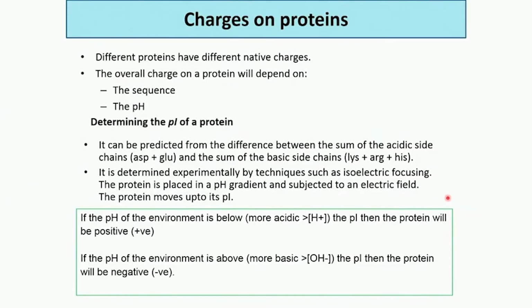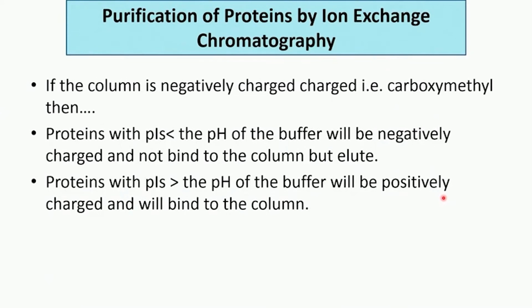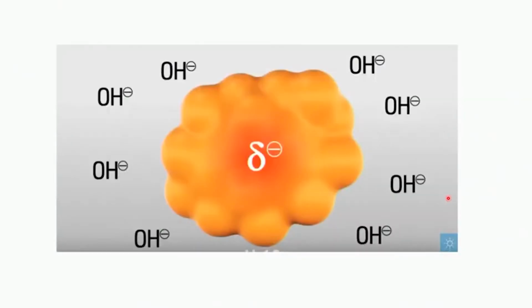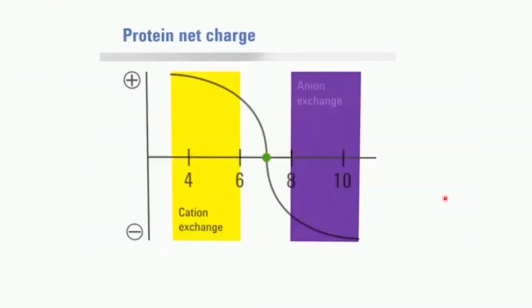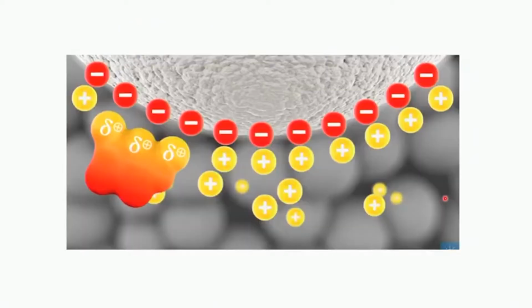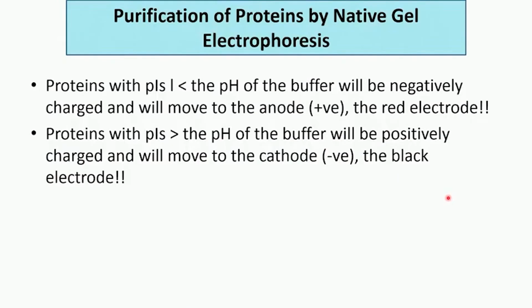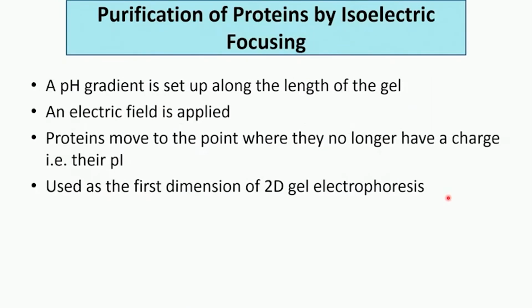And now, there is a technique which is called isoelectric focusing, that is also a gel electrophoresis method, but that is possibly later on, this isoelectric focusing. This is the native gel electrophoresis that I already told. Yes, isoelectric focusing will come later on, whatever earlier was, that was ion exchange column chromatography.